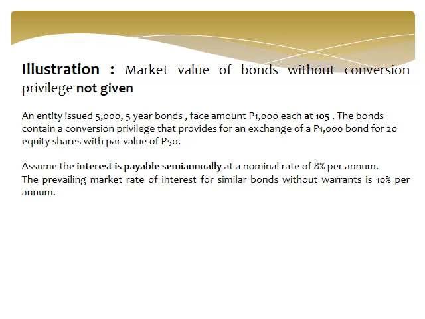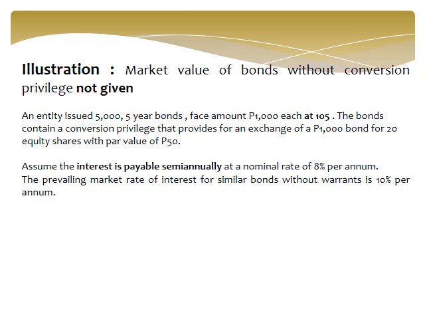Another illustration, market value of bonds without conversion privilege not given. Unlike earlier, where the market value of the bonds without the conversion privilege was given, which made it easy, since we just allocate the given market value of the bonds to the debt component and the residual goes to the equity component. Here, we still need to compute the market value of the bonds since it is not given.